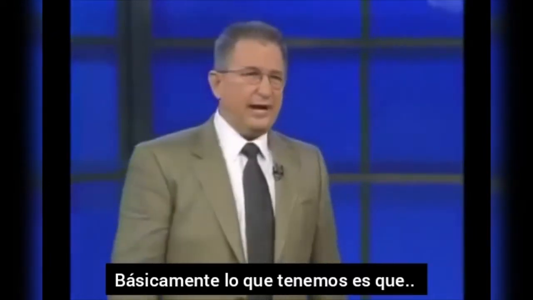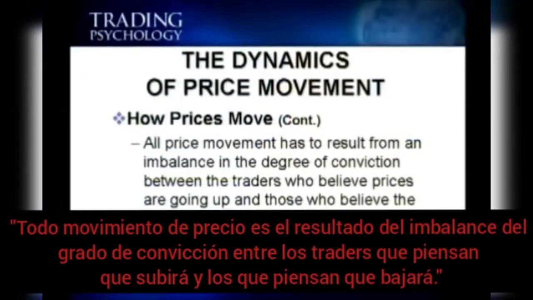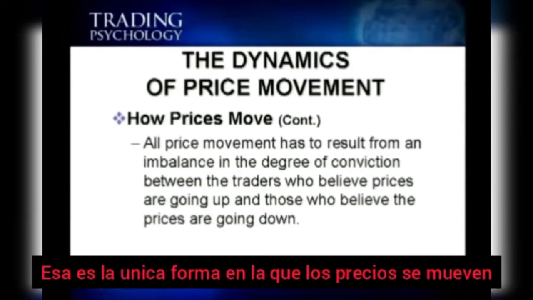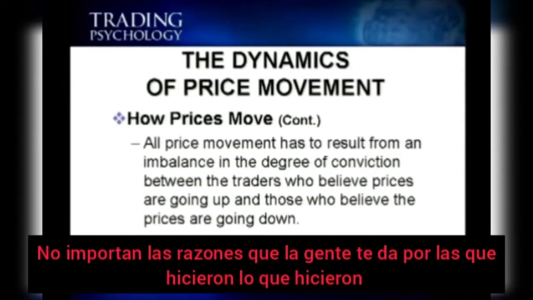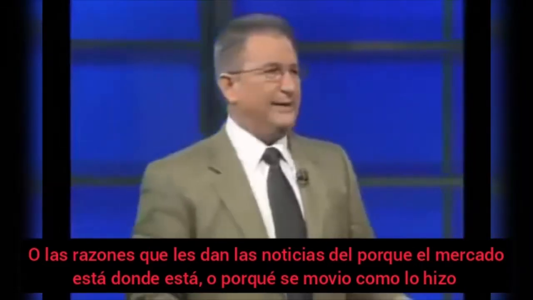So basically, all price movement has to be a result of an imbalance in the degree of conviction between the traders who believe that prices are going up and those who believe it's going down. That is the only way that prices move. It doesn't matter what reasons people tell you about why they did what they did, or what reasons you hear on CNBC about where the market is and why it went the way it went.